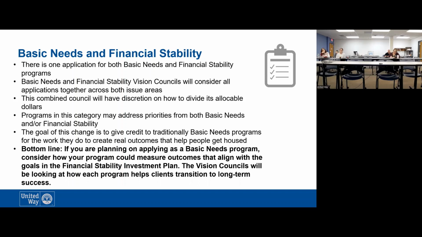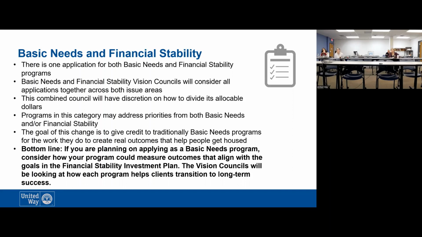Any program that's addressing either basic needs or financial stability is welcome to talk about what they do in that other issue area. The goal with that is to give credit to those basic needs programs. I think in the past there's been a tension: United Way says we are here to fund basic needs, and those are outputs only, but then we ask for success stories about how these clients' lives have changed.